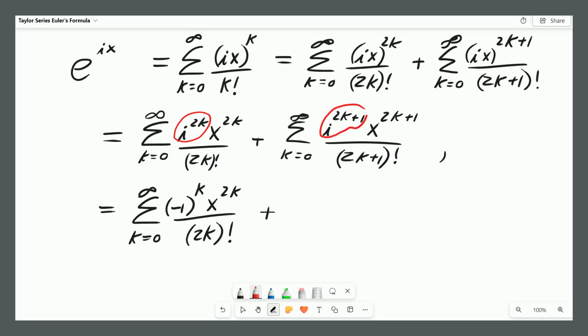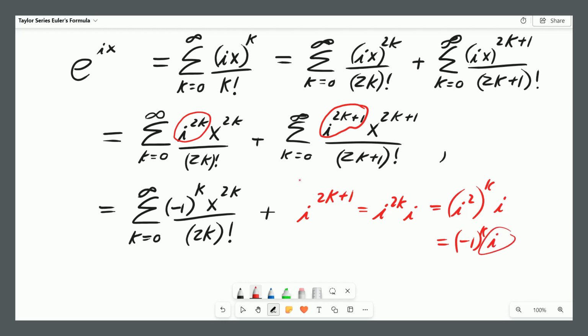This term right here, okay, i to the power of 2k plus 1, that's equal to i to the power of 2k times i, which is equal to i squared to the power of k times i, which is negative 1 to the power of k times i. And that i doesn't depend on k, it's just a constant which can be factored to the outside of that summation. Okay? And then what's left is negative 1 to the power of k.